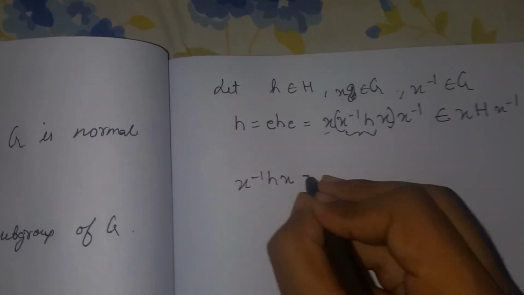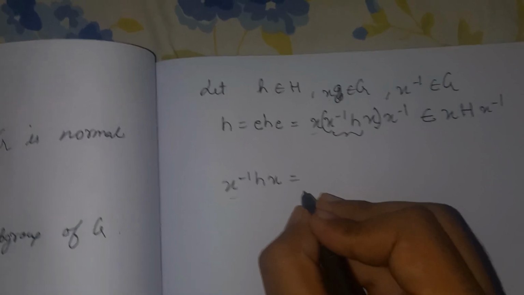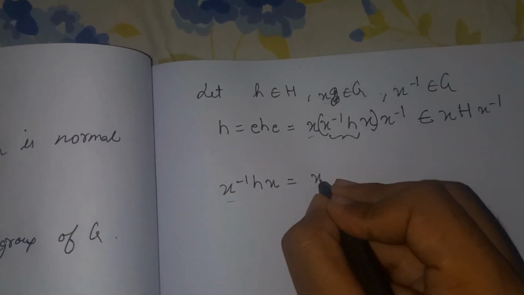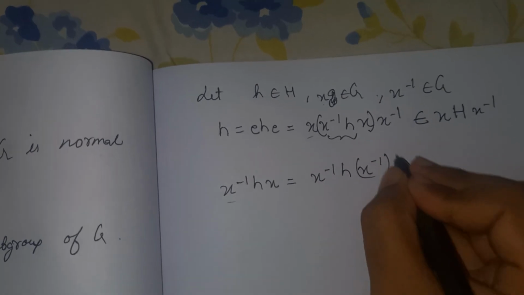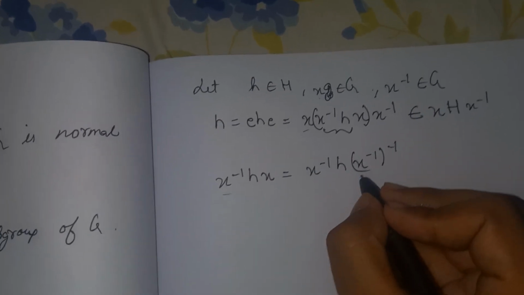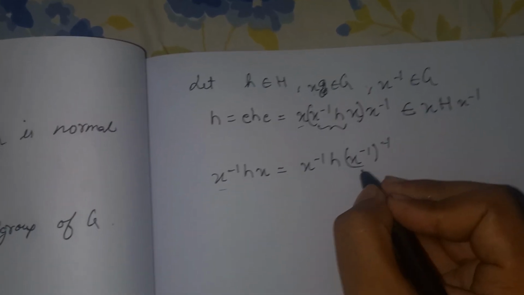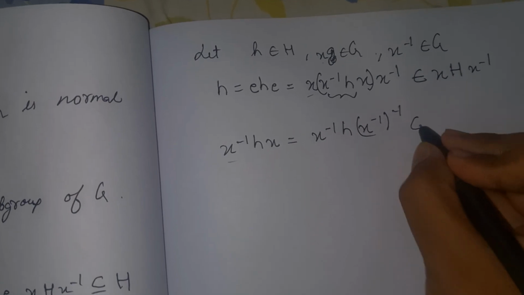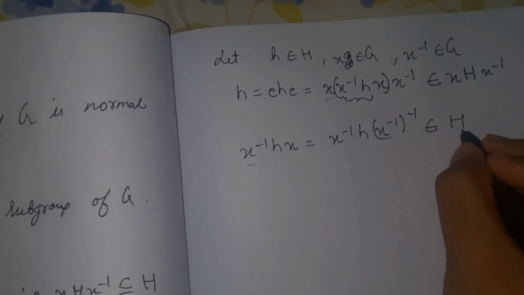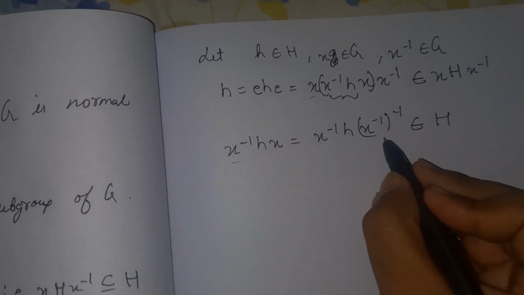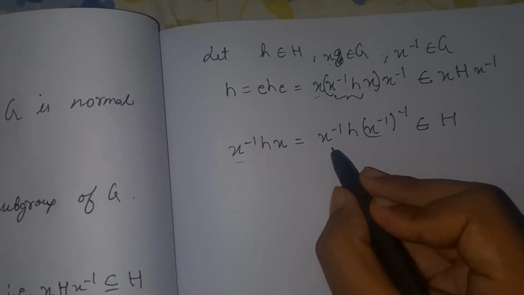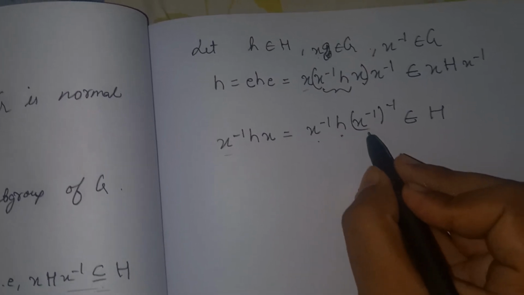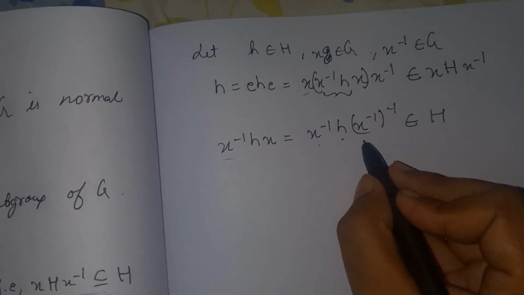For this, we can write it as x inverse h x inverse of inverse. Since we take the inverse of x inverse, we will get x. So it will belong to H, since this part is nothing but it will belong to xHx inverse.